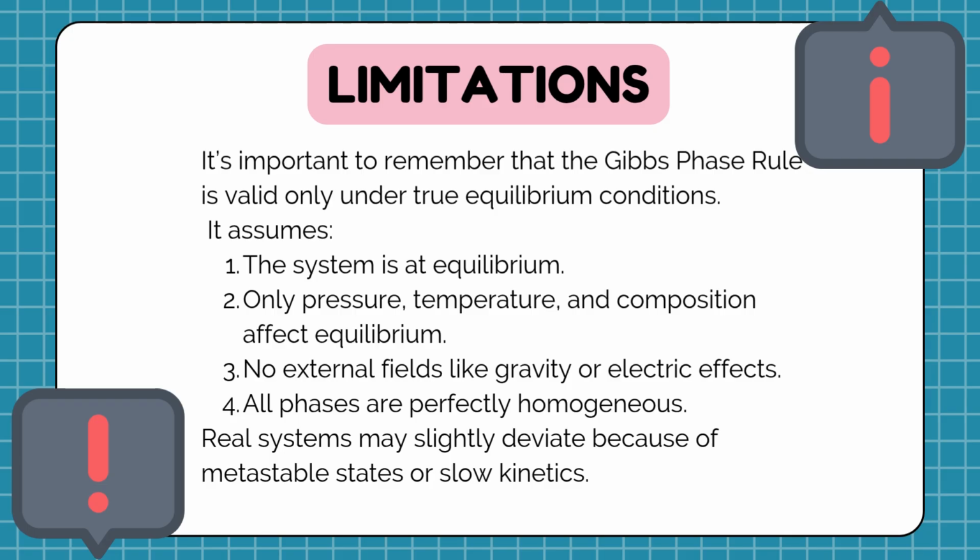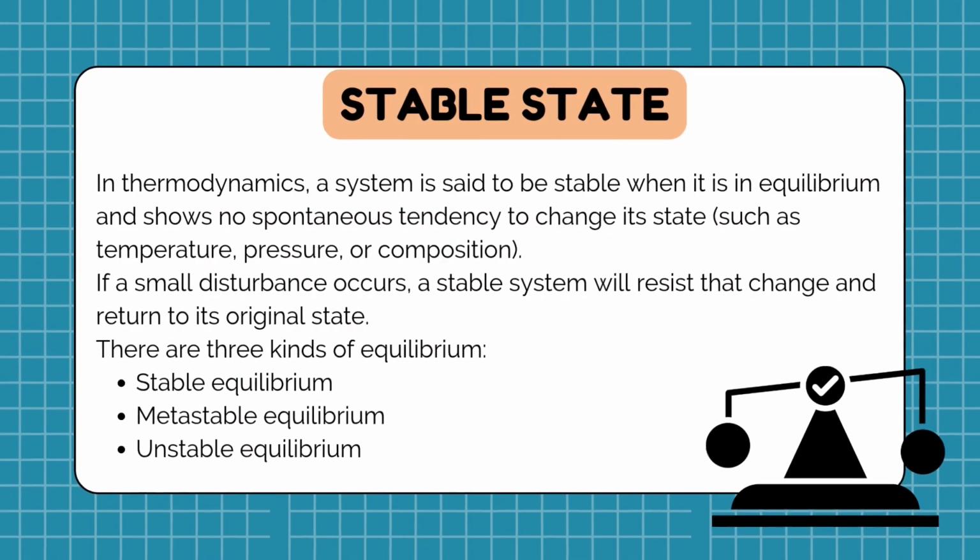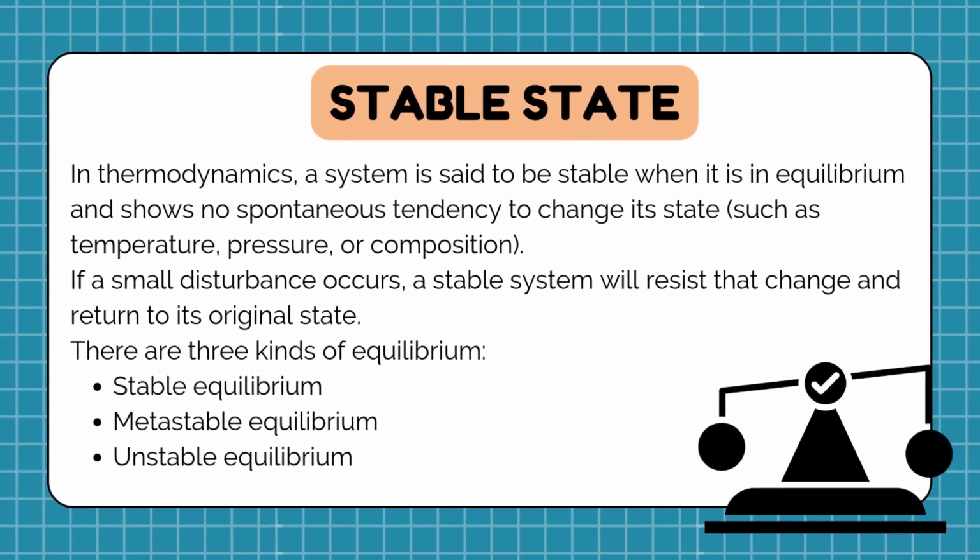Real systems may slightly deviate from these, showing metastable states or slow kinetics, which hinders the application of the phase rule. Now we will understand the stability criteria and how it's related to the phase rule.